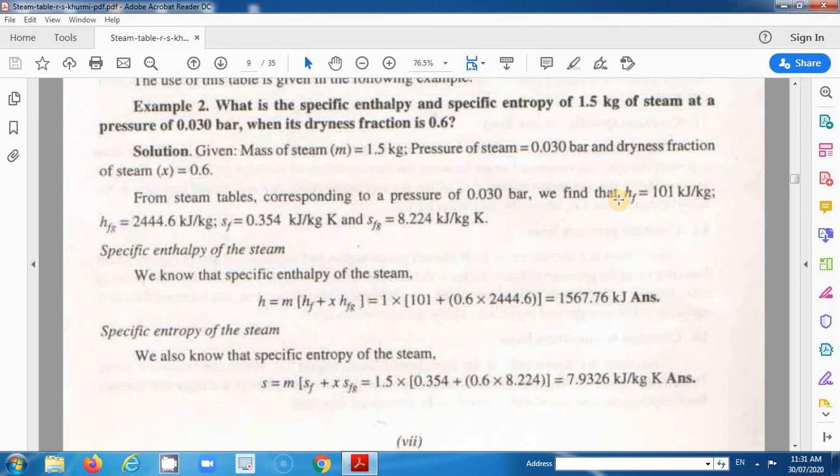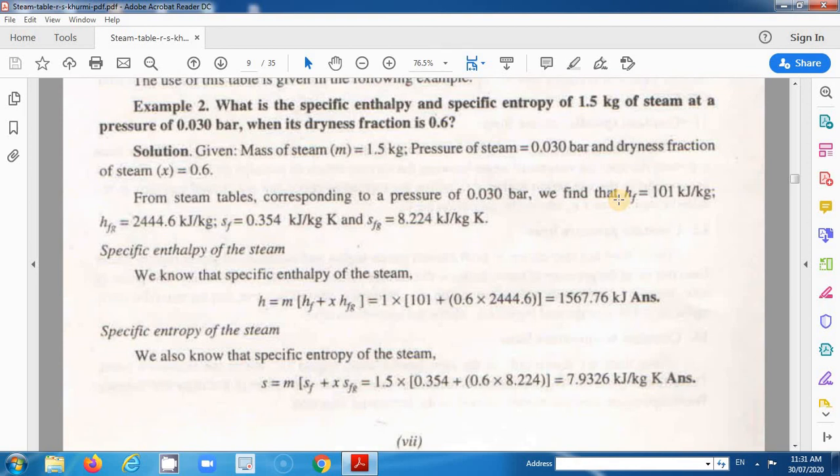Here x is given as 0.85 and, as usual, mass is given as 1 kg. Additionally, instead of specific entropy, they ask to calculate volume and density. We know that specific volume is the reciprocal of density.